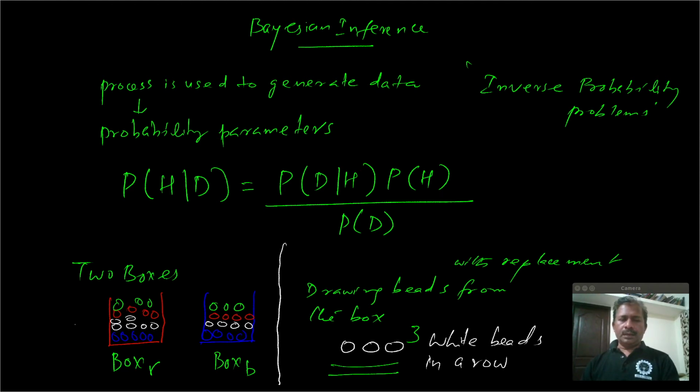And I know that the probability of white beads from the red box is 20%, and the probability of white beads from the blue box is 10%. These are the things.